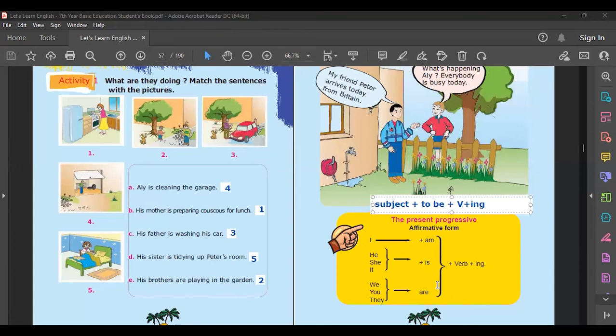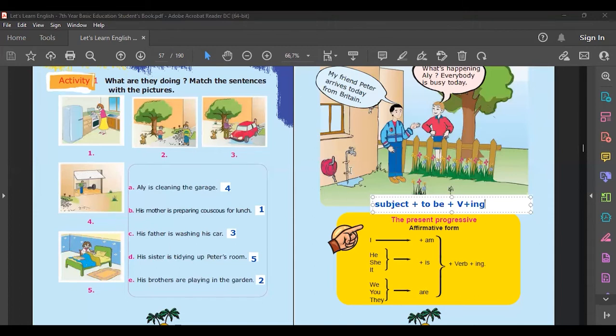The verb to be goes along with the suitable personal pronoun: with I we use am, with he, she, it we use is, with you, we, they we use are. And last but not least, we add verb plus ing.